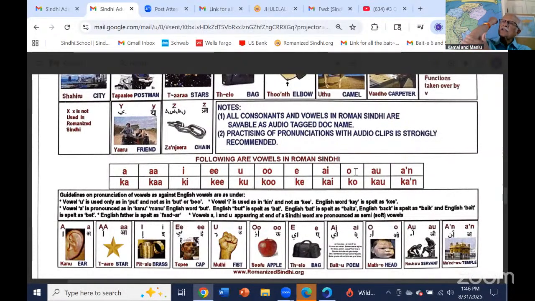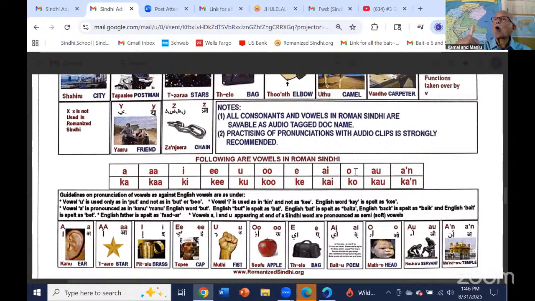Thoonth. What is thoonth? A is masculine or feminine? Masculine. No, thoonth. A. Feminine. E. Feminine. Thoonth. Just like akh, thoonth. Angur is feminine.